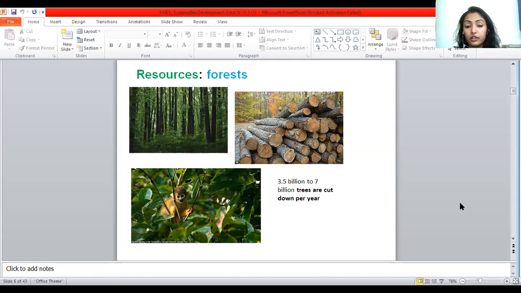We also require wood to clear land for agricultural use. We also do deforestation for agricultural purposes, and for some fencing and decorating gardens. Due to this, as I hope you have been listening for quite long, some animals are losing their homes.